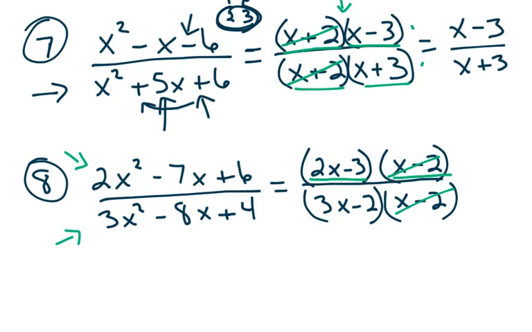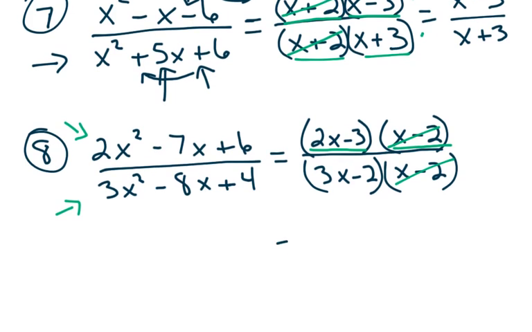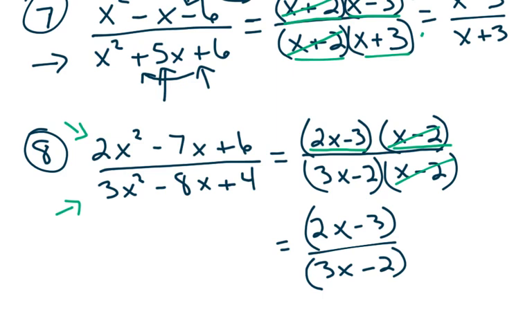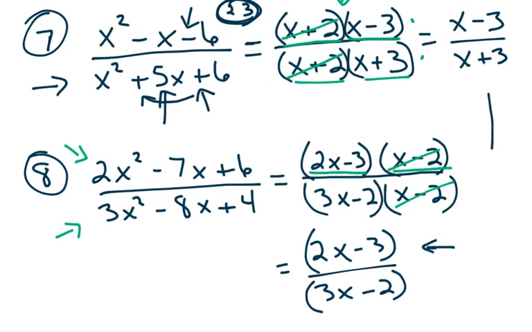And what I have left is my 2x minus 3 on top and my 3x minus 2 on bottom. Again, it does not matter here if I use parentheses or not. You could leave it without parentheses like we did up here, or keep the parentheses here. All right, that should be enough to help you get through your assignment.